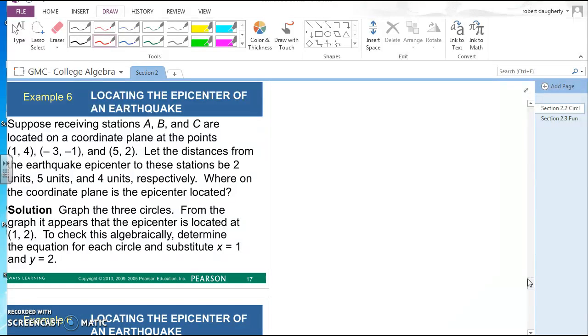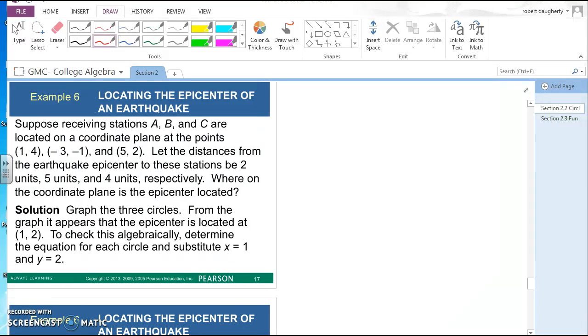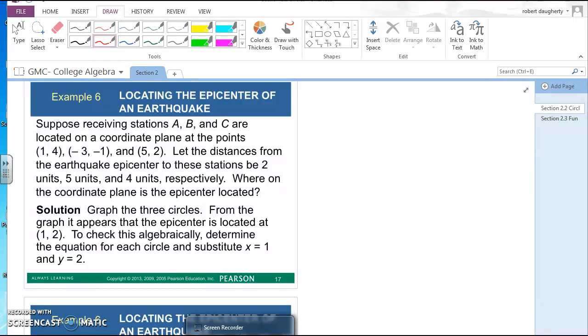Let's take a look at an example of an application to end this section. They say you've got receiving stations A, B, and C located on a coordinate plane at the points (1, 4), (-3, -1), and (5, 2). Let the distances from an earthquake epicenter to these stations be 2, 5, and 4.